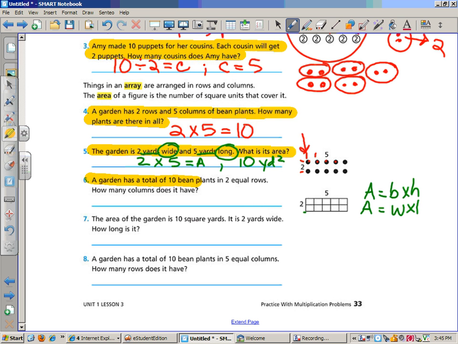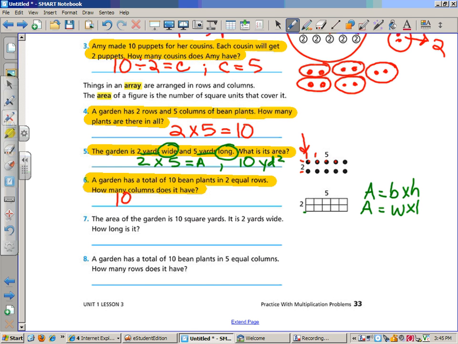A garden has a total of 10 bean plants in 2 rows. How many columns does it have? Okay, so we have our total plants, and we know that they're in 2 equal rows. So now we need to know how many columns there are. So it gave us our total. Generally, when you have that larger amount that you know you're going to start splitting up, that's going to trigger you to go, I'm going to divide.